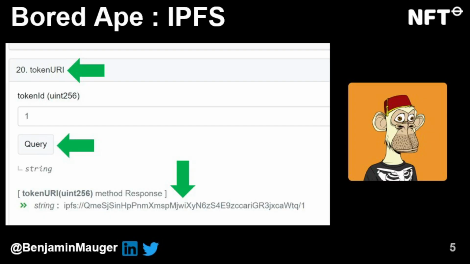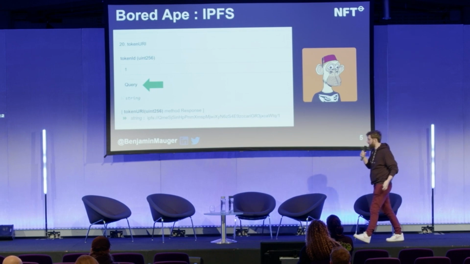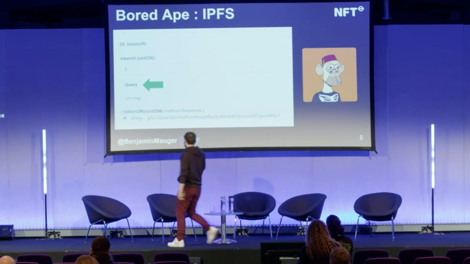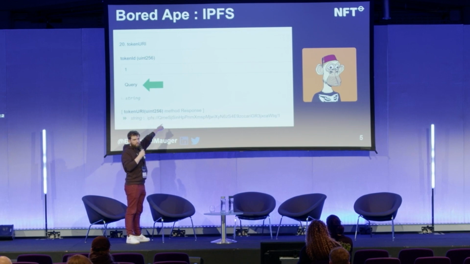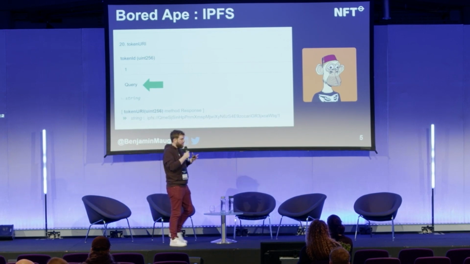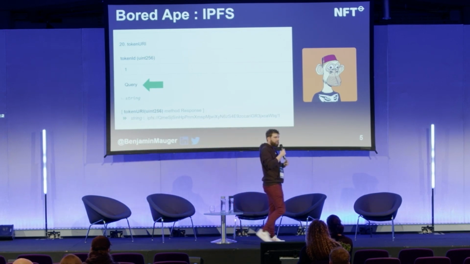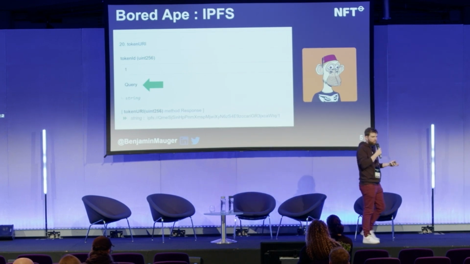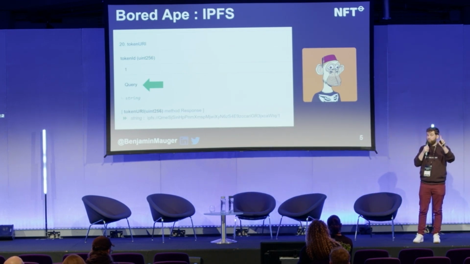Now we are going with the Bored Ape, so it uses the technology of IPFS. Same, you look at read contract inside the Etherscan. You look for token URI. You put any token you want. You put the query, and we can see there it's IPFS. So IPFS is a decentralized server that anyone can run, but it's not blockchain.